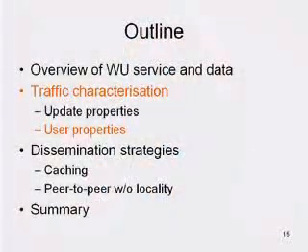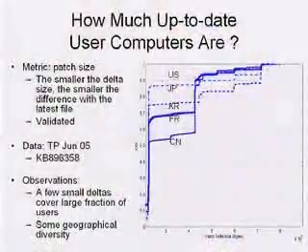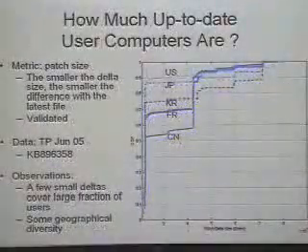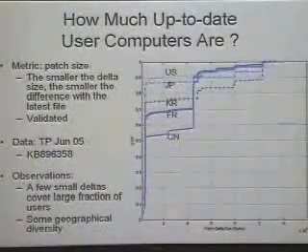So moving to user properties. This is one slide on trying to see how updated computers are using a particular inference method. The method is to observe that we have this encoding of the patches. So in a way, we deal with deltas.